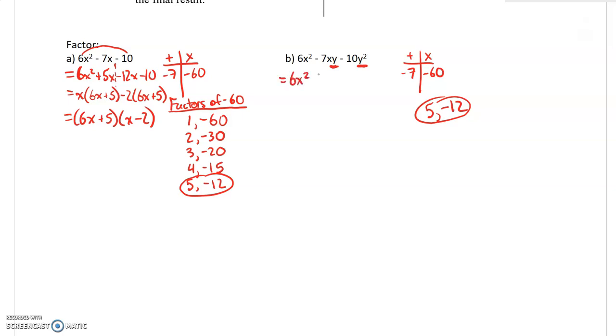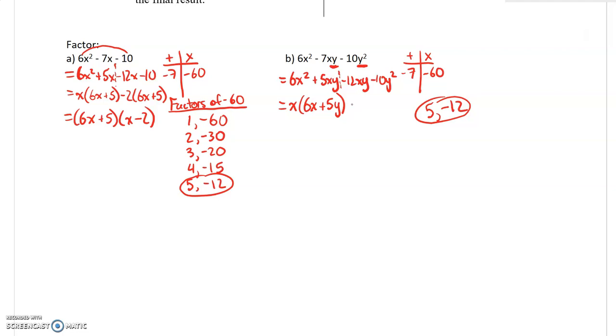So we get 6x squared plus 5xy minus 12xy minus 10y squared. I'm going to break this apart and common factor the first two terms and the last two terms. I can take again just an x out, so I'm left with 6x plus 5, and I still have a y there. So 6x plus 5y.